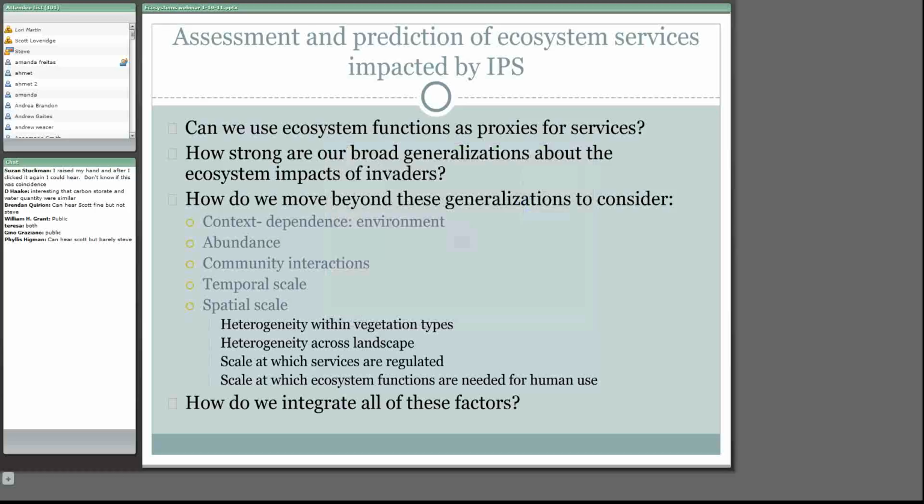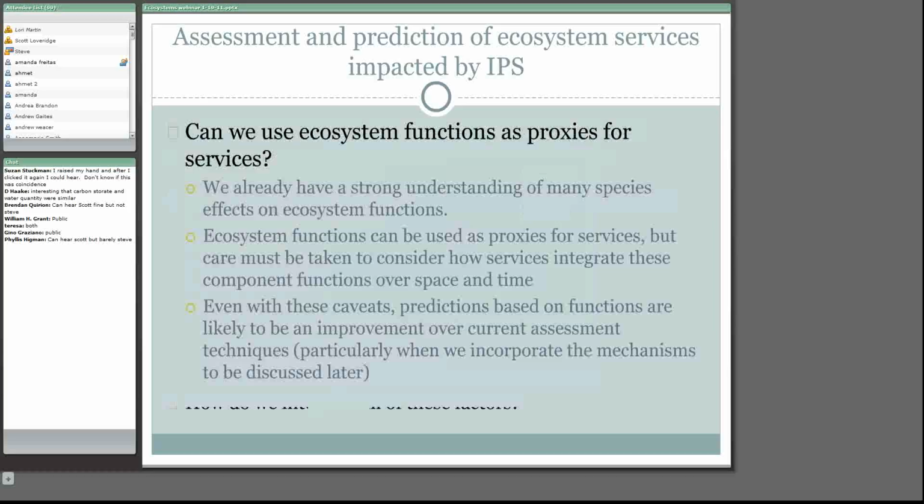So if we get back to the idea of using ecosystem functions as proxy for services, we already have a strong understanding of many species' effects on ecosystem functions. Ecosystem functions can be used as proxies for services, but we need to consider how services integrate these component functions over space and time.